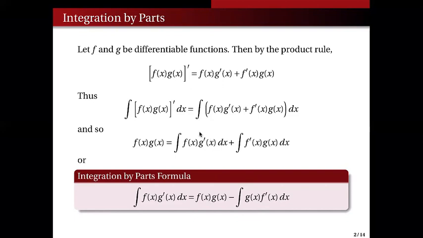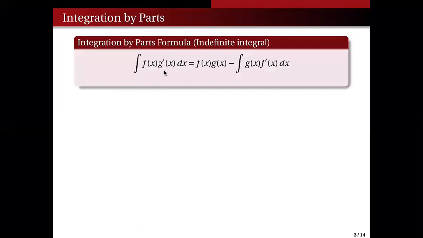This one we left here, and this one we put on the other side. Take note, here it's written g of x f prime of x dx, in here it's f prime of x g of x dx. They're the same. Okay? So we have this integration by parts formula, and this is the indefinite integral.